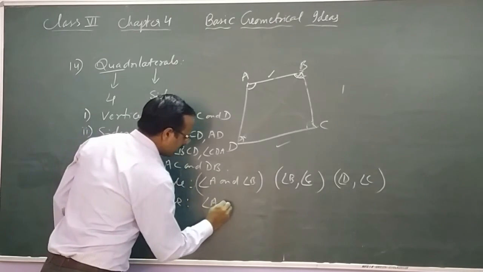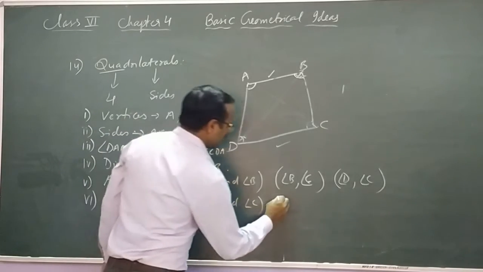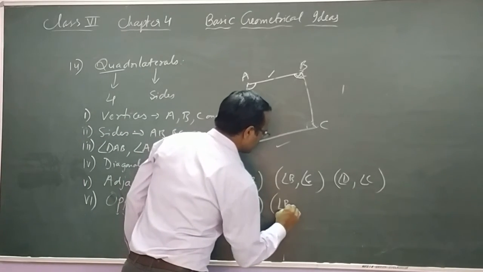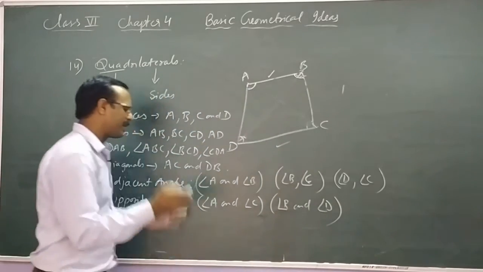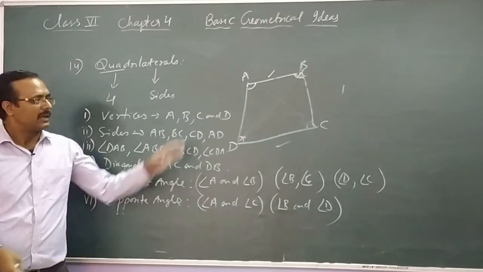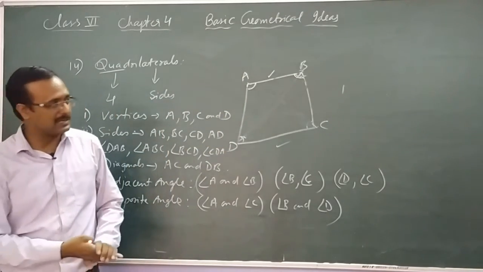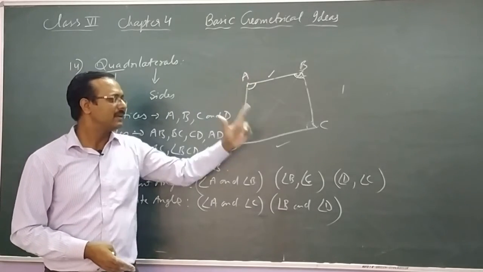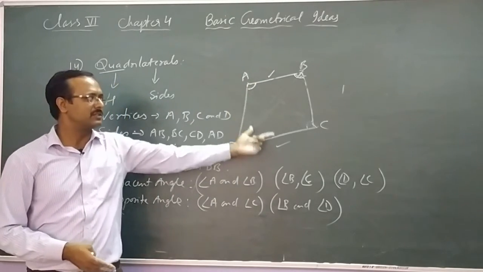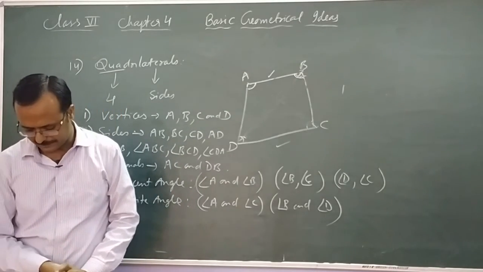Angle A and angle C are opposite to each other, and angle B is opposite to angle D. So there are two pairs of opposite angles. Similarly, there are two pairs of opposite sides: side AB and side DC are opposite to each other, and AD and BC are opposite to each other.